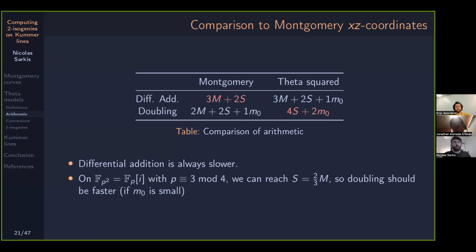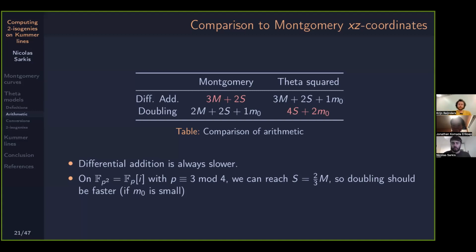But this also relies on having a small curve constant multiplication. If your curve constants are small and you can multiply by a small constant faster than by any number, you can get better results with theta squared doubling.